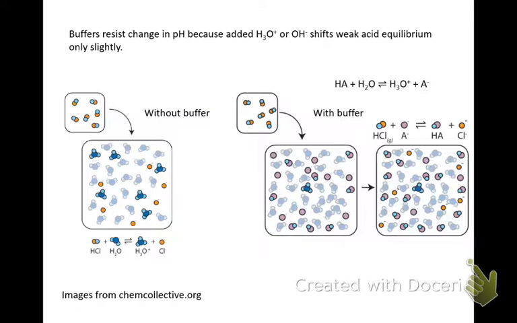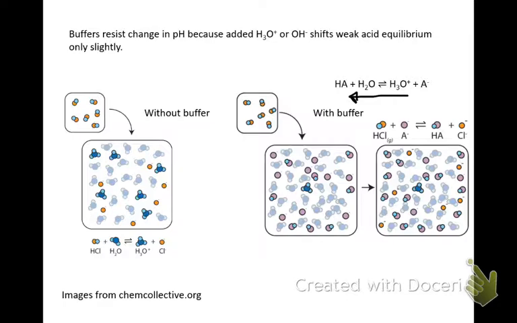So what happened there is that the added HCl molecules reacted with the conjugate base form to shift the weak acid, weak base equilibrium toward the reactants, according to Le Chatelier's principle. So we added a product, and that means that we produced more reactants.